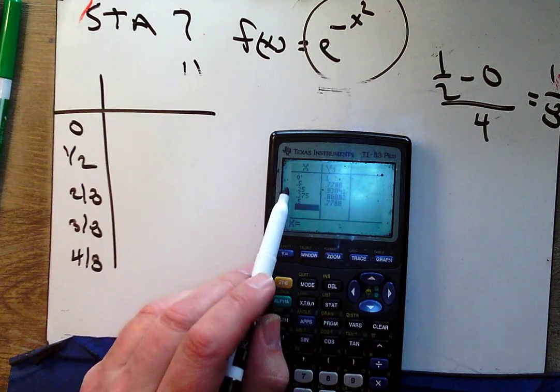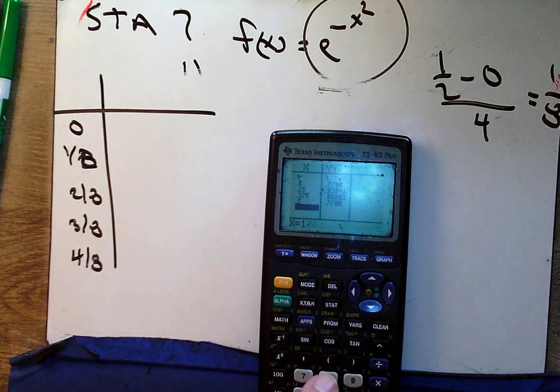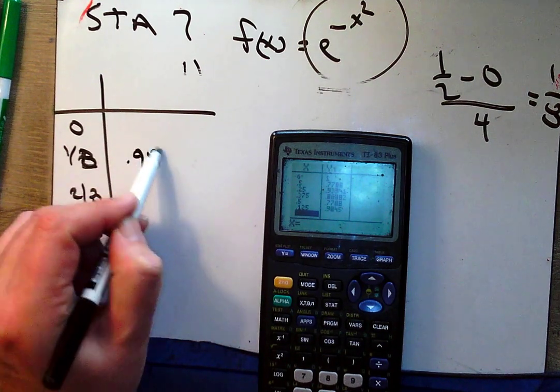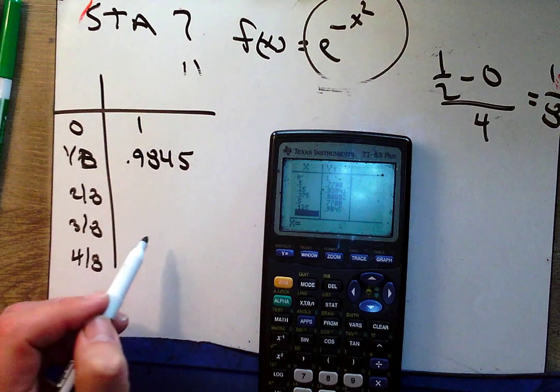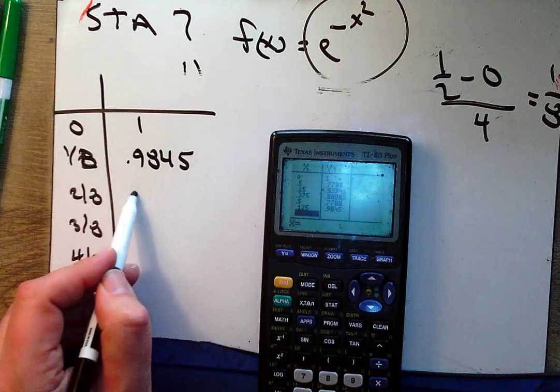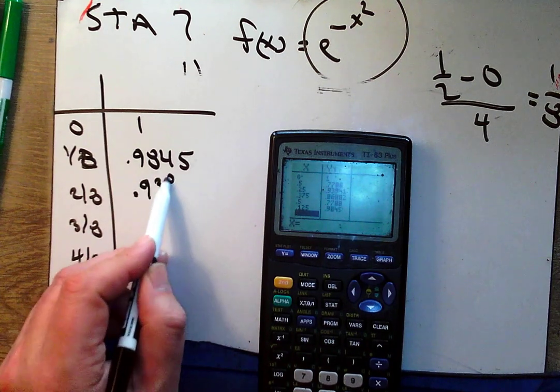Wait, why is that 1/2? No, it should be 1/8. So 1/8 is 0.9845. This is 1 because e to the 0 is 1. This one is 0.93941.